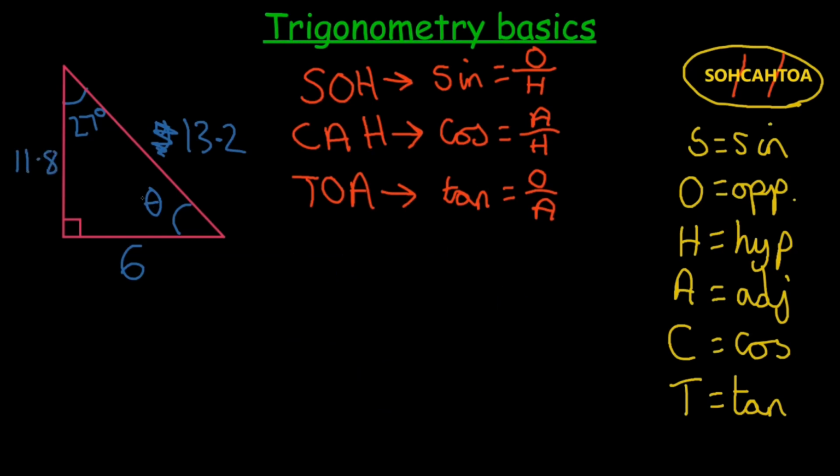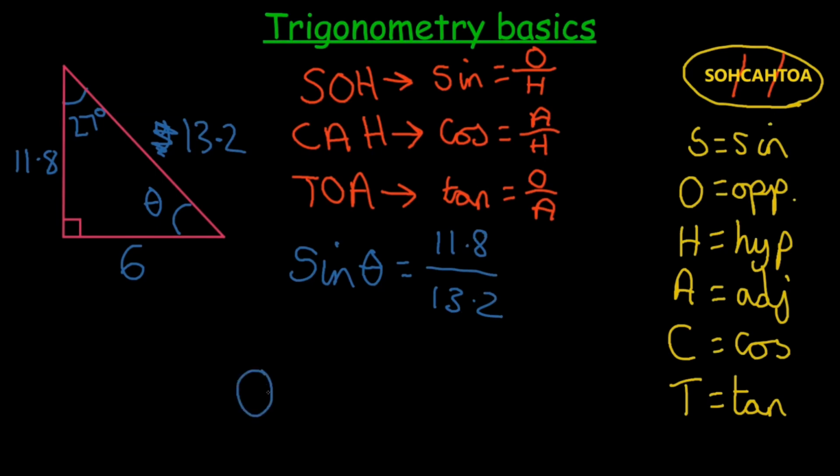We can calculate this final angle theta. We can use any of these now because we just need an angle. We have all of the side lengths. So let's just choose sine. The sine of theta is equal to the opposite of theta, which is 11.8, divided by the hypotenuse, 13.2.